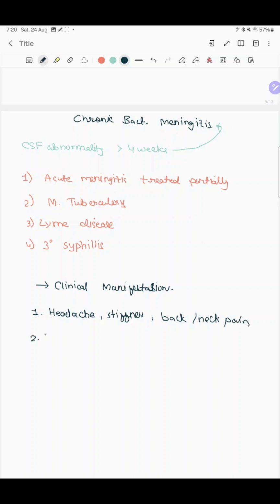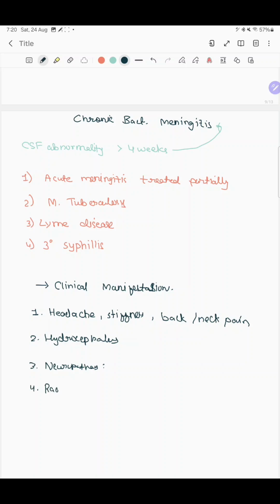It can be hydrocephalus, which means accumulation of CSF within the ventricles. It can even be neuropathies like diminished vision, optic atrophy or hearing loss.